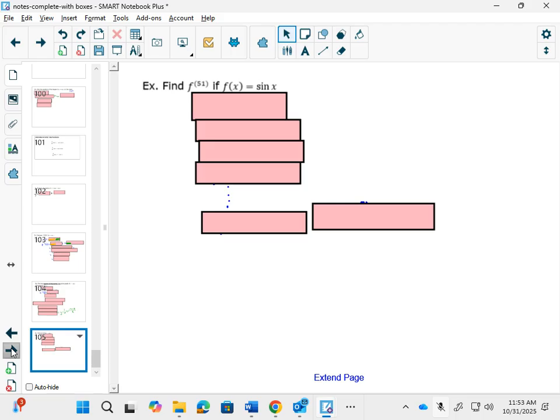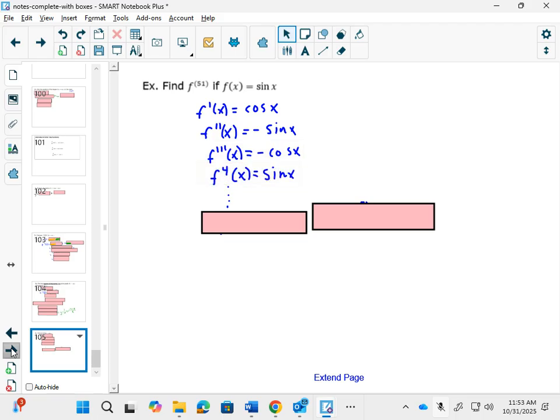Right? I could do the first one, and then the second one, and then the third one, and when I get to the fourth one, I'm back to where I started from. When's the next time you'll be back to where you started from? 8th one. Back to where you started from again at the 12th one.